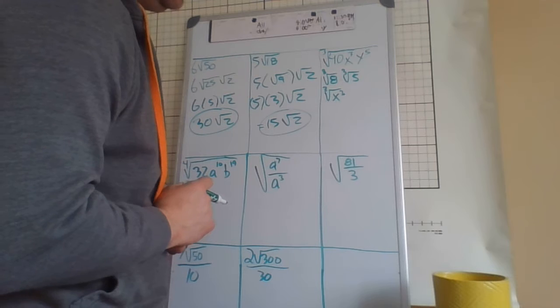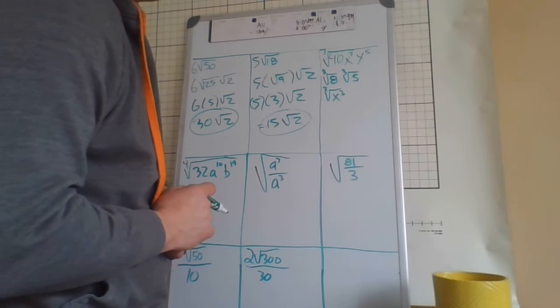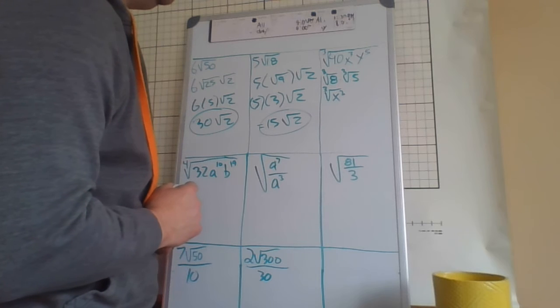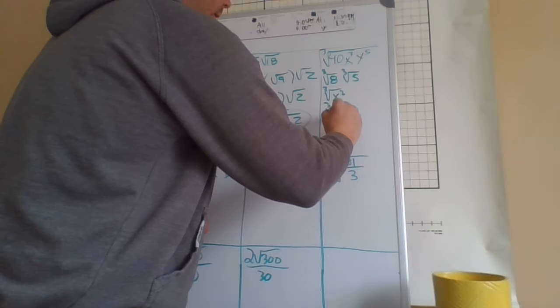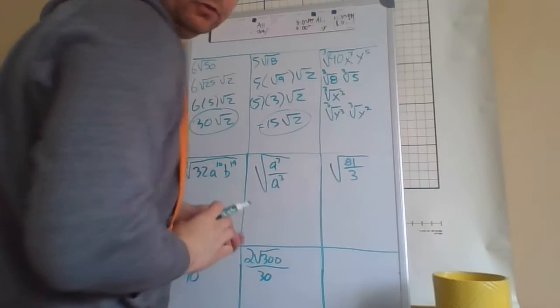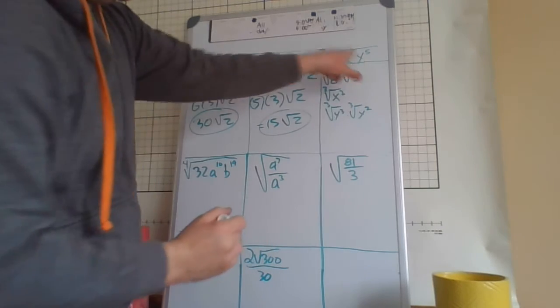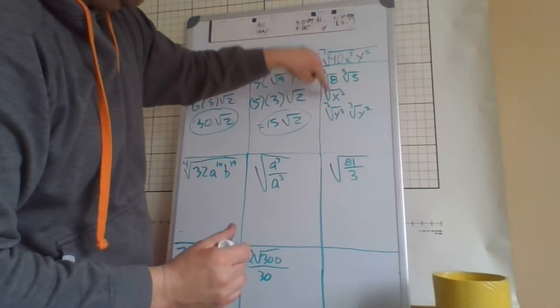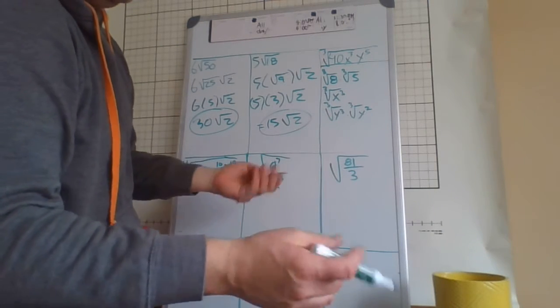And then y to the fifth, a perfect cube that I can pull out of that would be y to the third, right? So if I do that, I get the cube root of y to the third times the cube root of y squared. So what I've done here is I've taken that original thing and broken it up into all of its different pieces, and now I can start to simplify and put it back together.